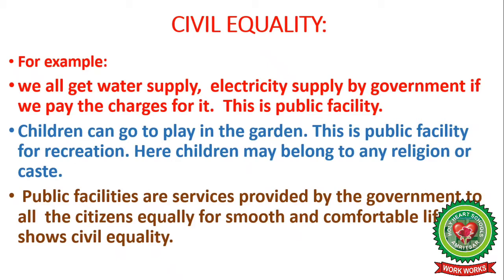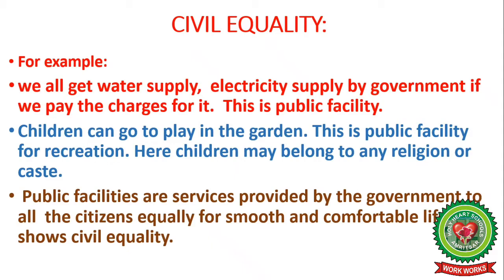For example, we all get water supply and electricity supply by the government if we pay the charges for it. This is a public facility. Students, we know the government supplies us many public facilities like water supply and electricity supply, but for this we have to pay.